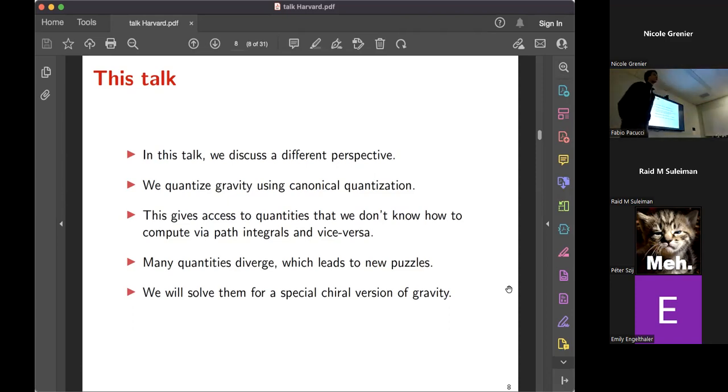Quick question. In JT gravity, if you do path-integral quantization versus canonical quantization, you actually get two different theories. Is this basically what you're saying here? So in canonical quantization, there are various choices you can make. And those choices are basically related to what kind of singularities you allow in the surfaces of quantization.